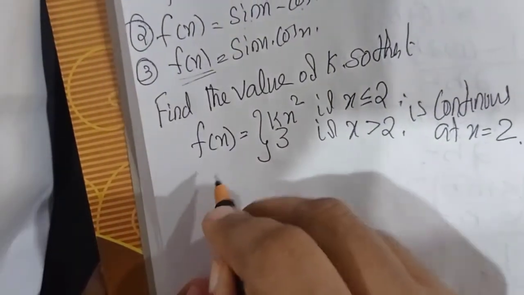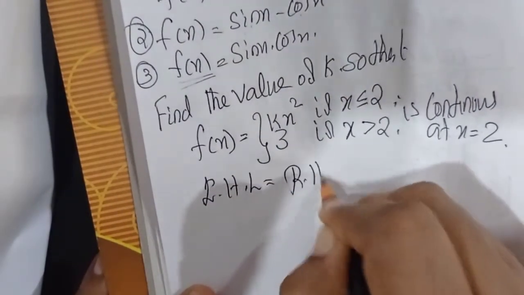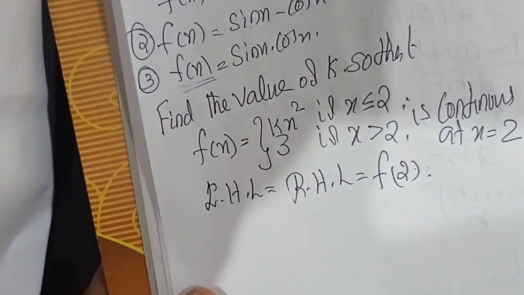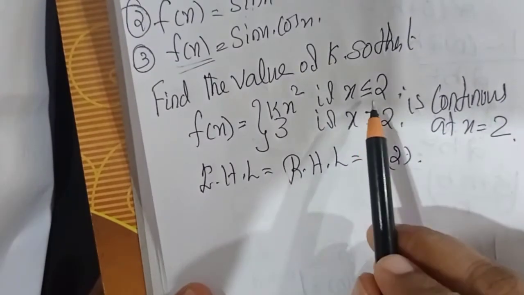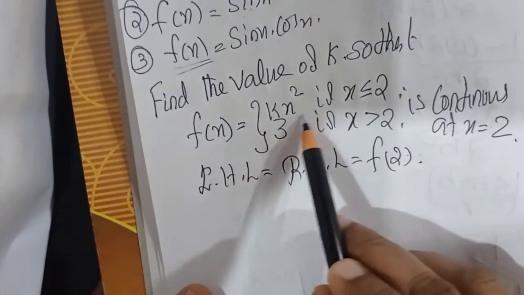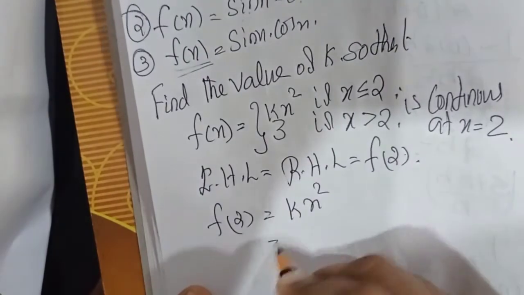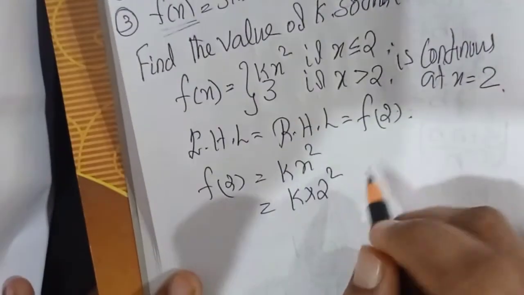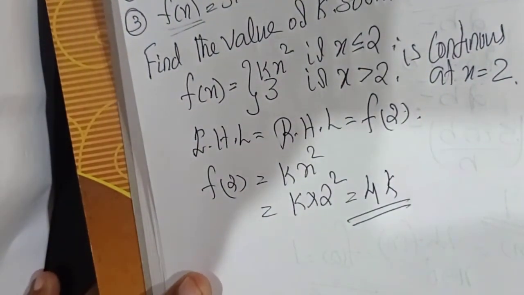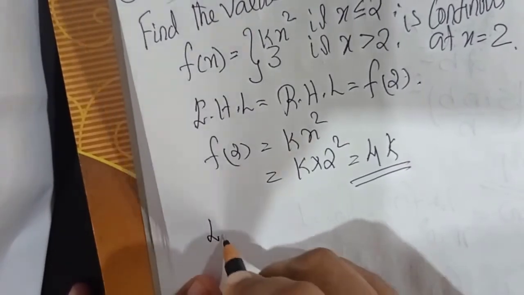We know that a function is continuous means LHL equal to RHL equal to f of a, here f of 2. Here this function takes the value at 2 in which line? kx square. Therefore f of 2 means k into 2 square. What is the answer? Is it 4k? f of 2 is 4k. Then we can take LHL or RHL. What is LHL?